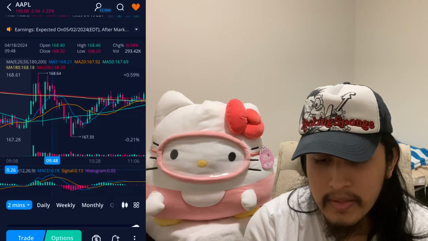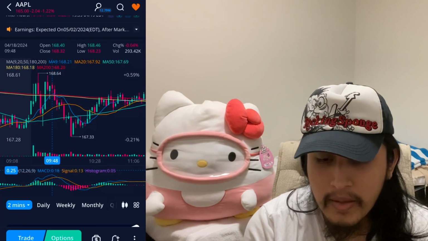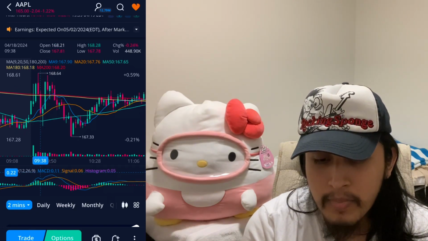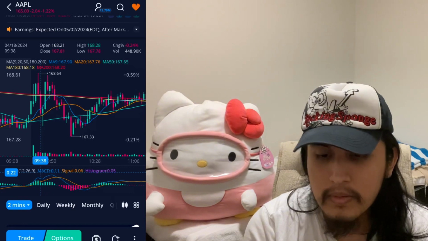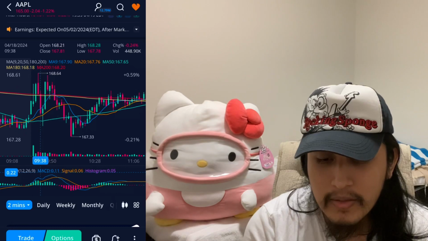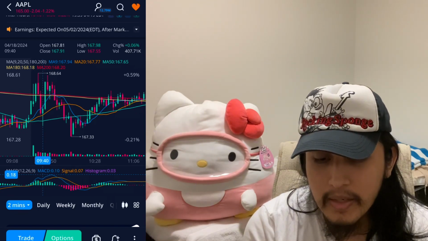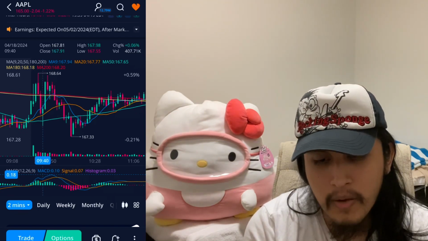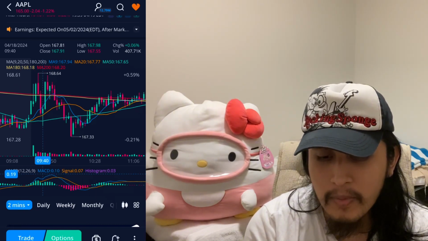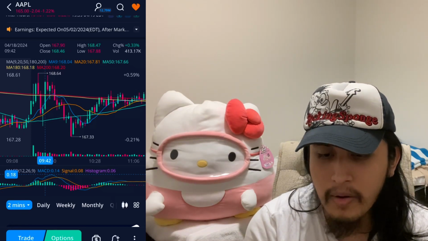Part of the reason I bought calls is that I saw that at 9:38 it bounced off the 20-day moving average, and then in the next candle at 9:40, it wanted to break the 50-day moving average but couldn't, and literally the next candle went parabolic.